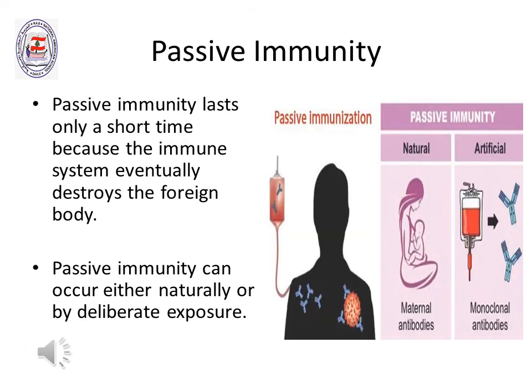Passive immunity lasts only a short period of time because the immune system eventually destroys those antibodies that are introduced into a human's body. Passive immunity can occur either naturally or by deliberate exposure.